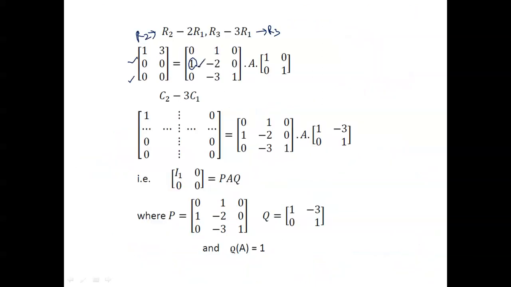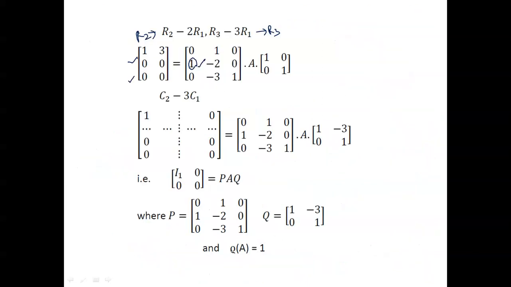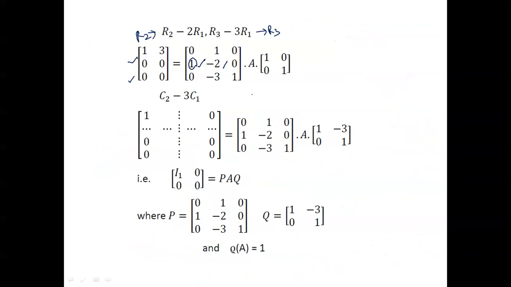Next, 0 minus 2 into 1 is minus 2. Next, 0 minus 0, that is 0.